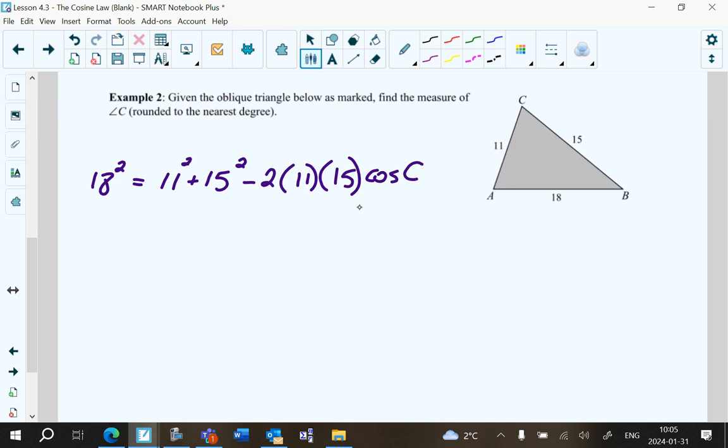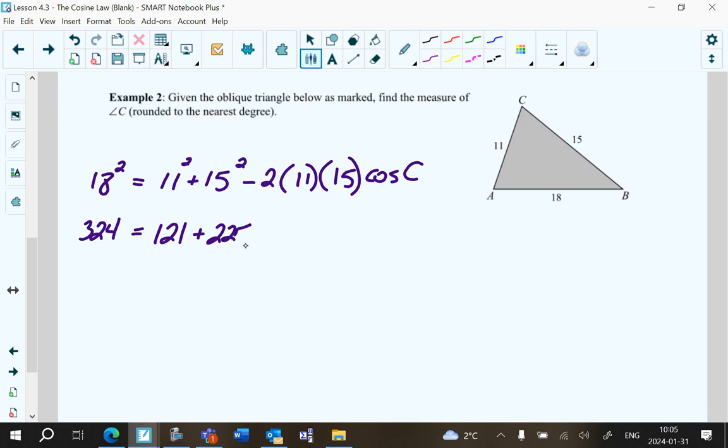Now we've got some solving to do because we've got to get C by itself. First of all, let's simplify the numbers. What is 18 squared? 324. 11 squared is 121, plus 15 squared, 225.